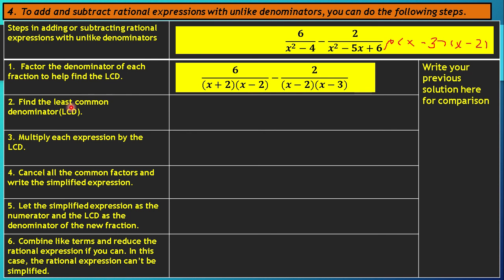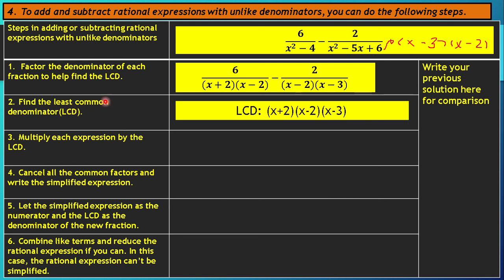Second is to find the least common denominator. Sa pagkuha ng least common denominator, kinukuha natin yung mga distinct factors. For instance, meron tayong dalawang factors na dalawang beses na nag-exist, isang beses lang natin siyang kukunin. Okay? So meron tayong factors na x plus 2, x minus 2, x minus 2, x minus 3. Yung x plus 2, isang beses lang siya nag-exist, so kunin natin yan.